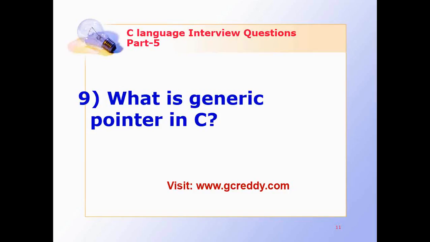What is a generic pointer in C? In C, void asterisk acts as a generic pointer. When other pointer types are assigned to a generic pointer, conversions are applied automatically.